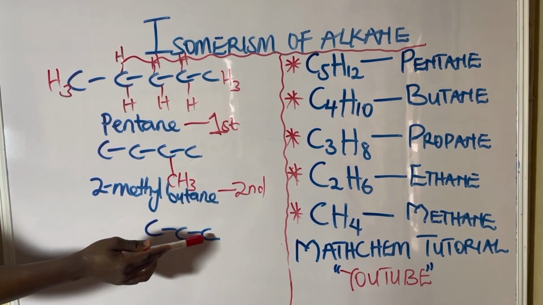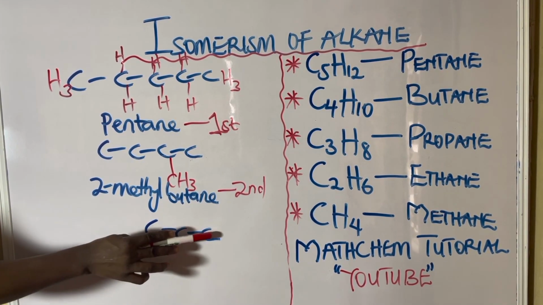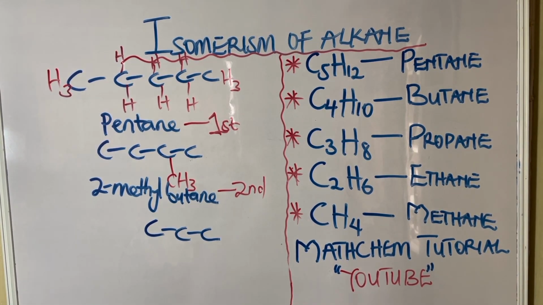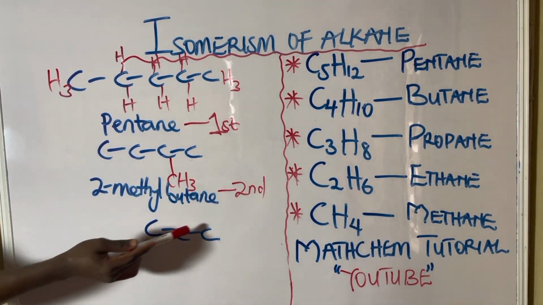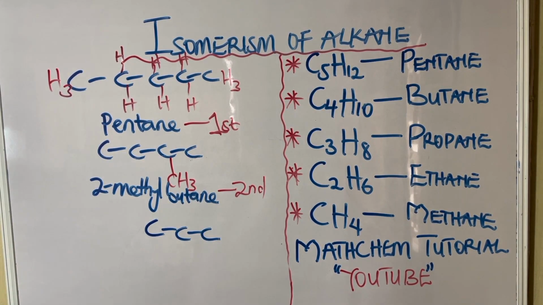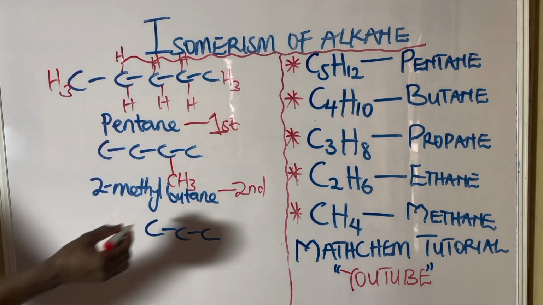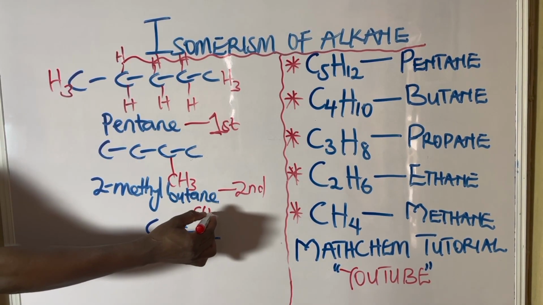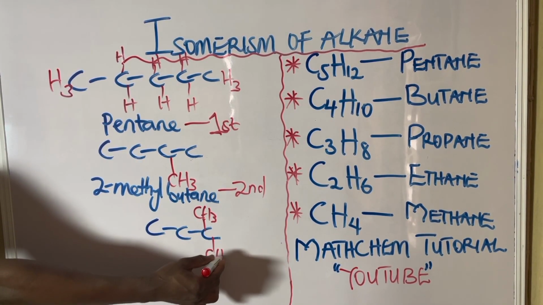So this one can now accept just 1 hydrogen. If it accepts 1 hydrogen, the remaining 2 places will carry the carbon atoms, as methyl, CH3, in 2 places. Now let's go. If I put my 2 carbon atoms here as CH3, and also CH3 here, and also CH3 here.